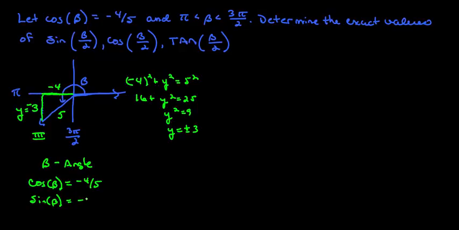So it's going to be -3 over 5, which will also give us a tangent value of 3/4, because it's opposite over adjacent. So it's going to be a negative over negative, and you make that positive.